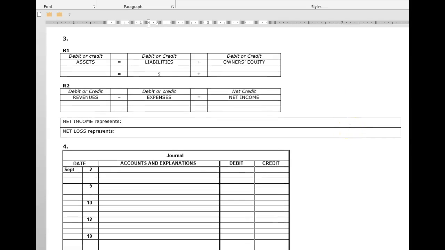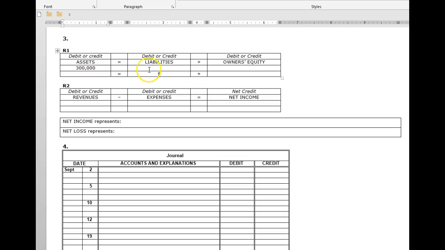Now, it wants you to say whether this asset is a debit or a credit, whether this liability is a credit or a debit, or whether owner's equity is a credit or a debit. Well, the assets, what did they tell us? $300,000 for the asset. Yes, $300,000.